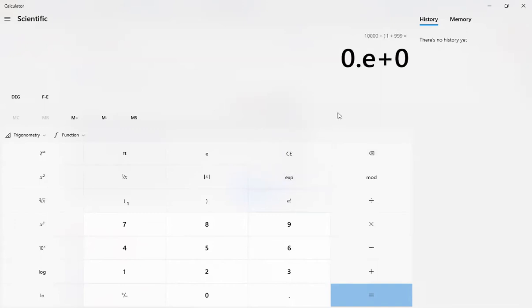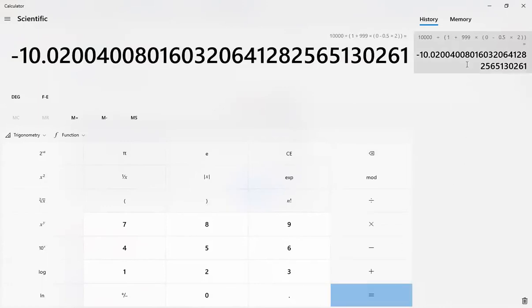Okay, exponent is here. Exponent in bracket negative 0.5 times 2. Then I close the first bracket, close the second bracket, and see what we have. Very good.